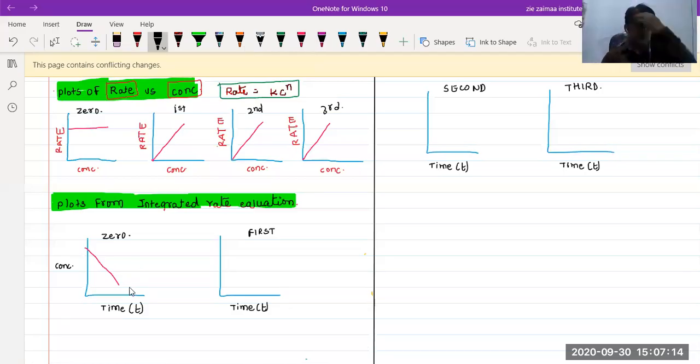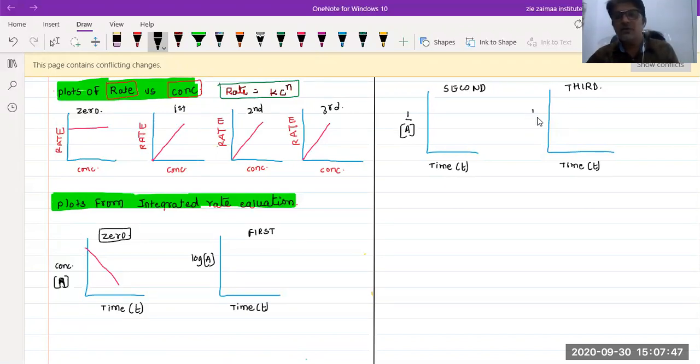Okay, let's come to the point. For the integrated rate equation, for the zero order the concentration can be taken as A, and for the first order the concentration can be taken as log A. Otherwise, this can also be taken as A. For the second order it can be taken as 1 by A, and for the third order as 1 by A power 2, versus time.